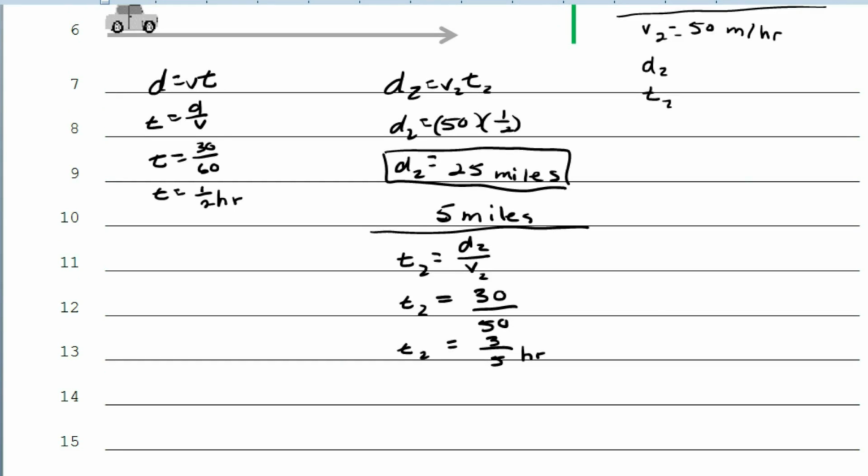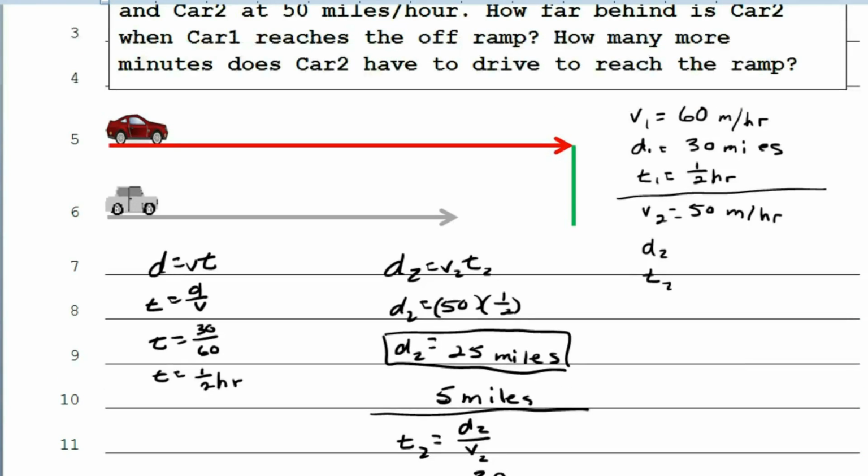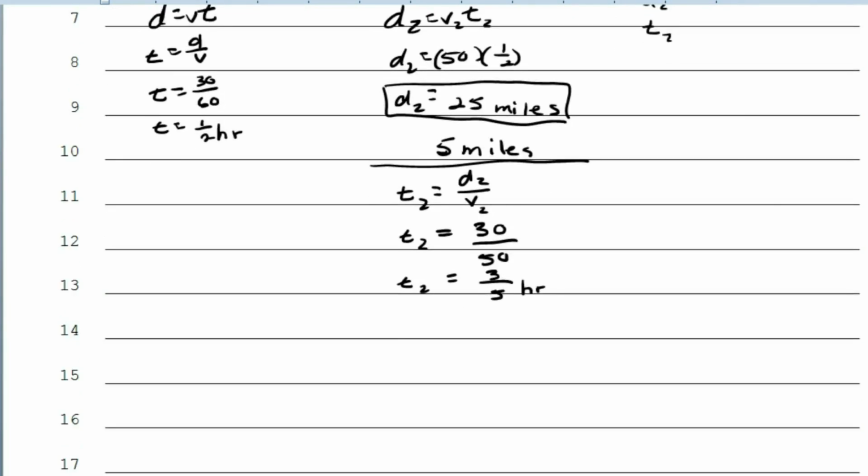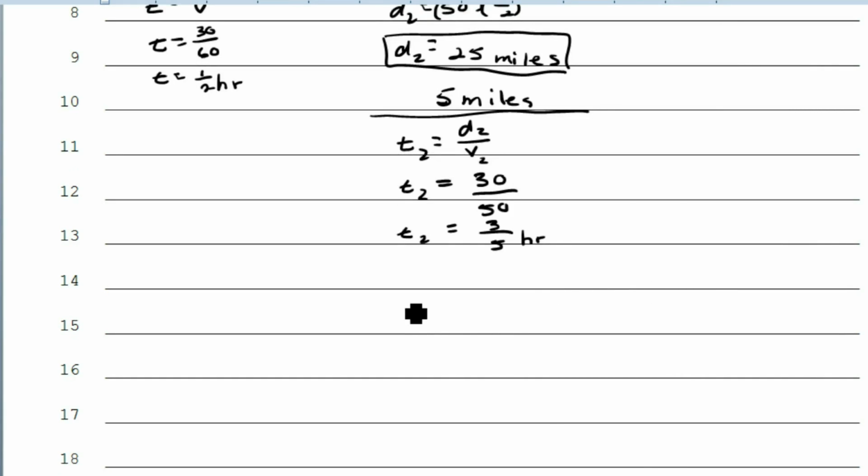And the difference between the times is how much longer it took car 2 to get there. So we'll have T2 minus T1 equals 3/5 minus 1/2, and it'll be 6 minus 5, it'll be 1/10 of an hour.